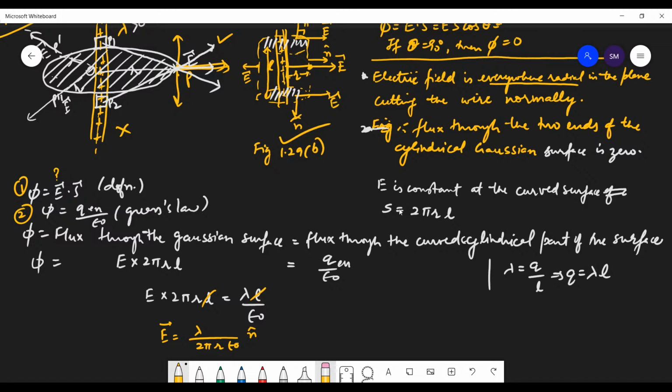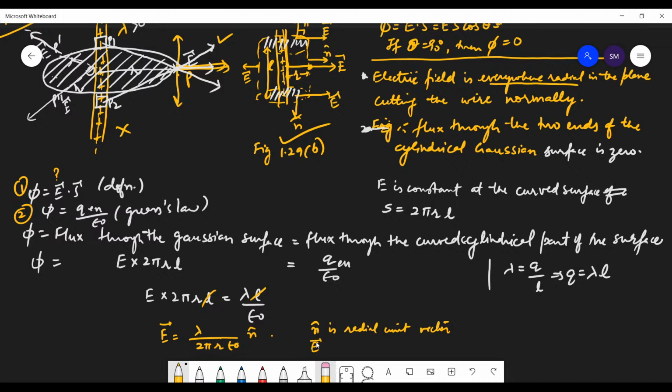The important thing is that we have already written that n is the radial unit vector. So the electric field is everywhere radial in the plane cutting the wire normally. This is the same as this n vector, the radial unit vector. Now the important thing is the direction of E, which is n cap.